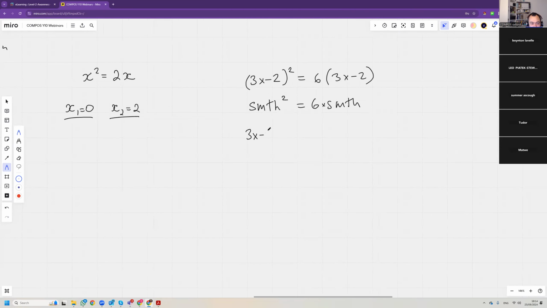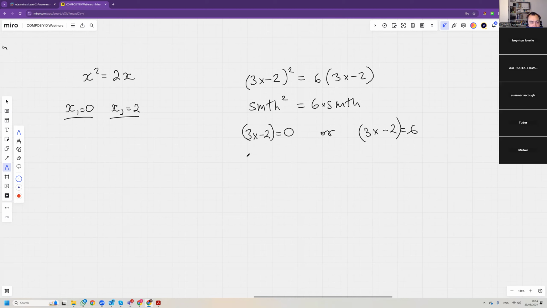So 3x minus 2 is 0. Or 6, yeah. 3x minus 2 is 6, because both options work. You can replace 3x minus 2 with 0 or 6, and in both cases that would work.